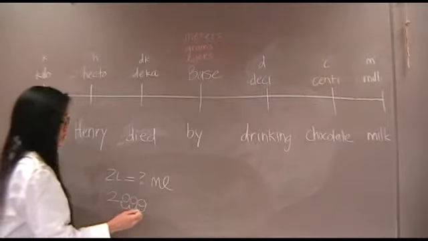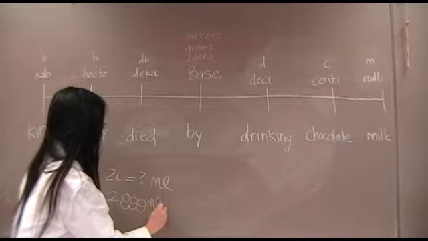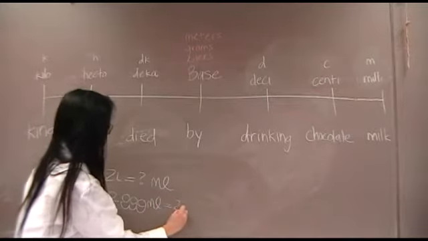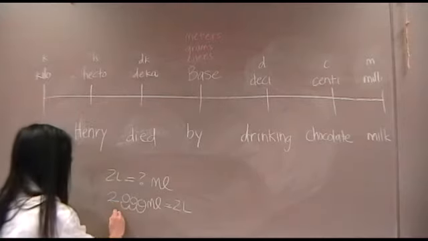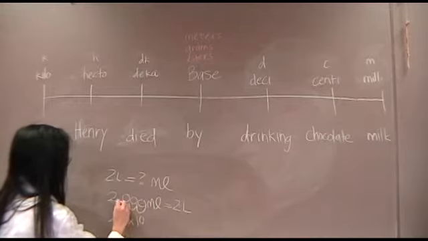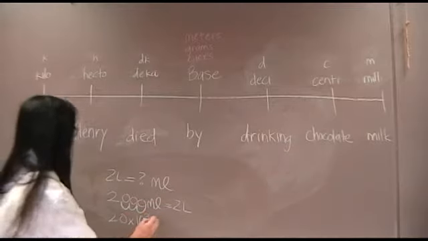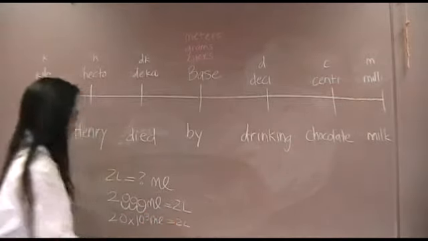So now we know there are 2,000 milliliters in 2 liters. Or in scientific notation, 2.0 times 10 to the 3 milliliters in 2 liters.